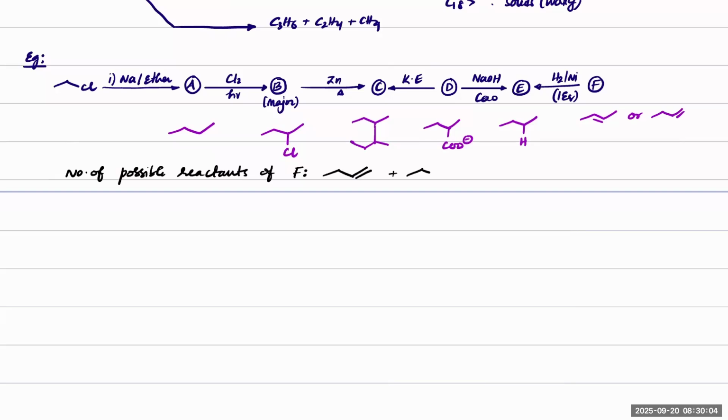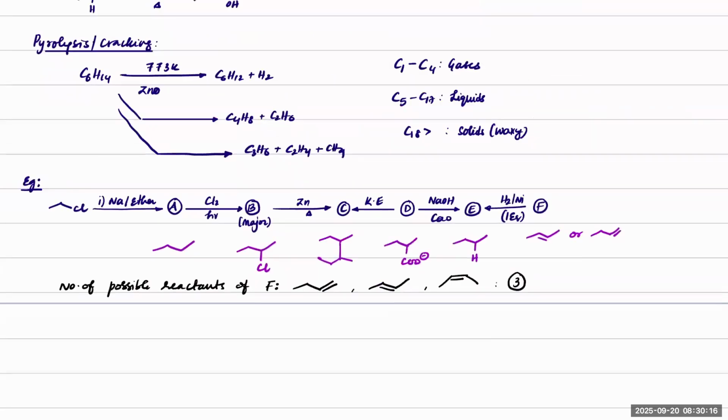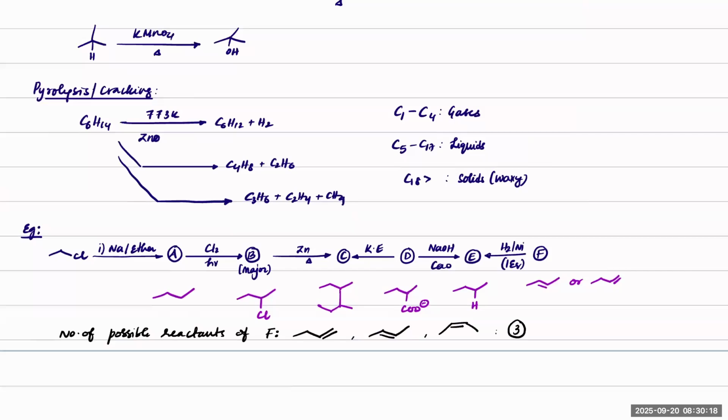This one is 2. And the last one being this one, cis. So the total answer is 3. This is how the questions can be framed. Any doubt? Understood?